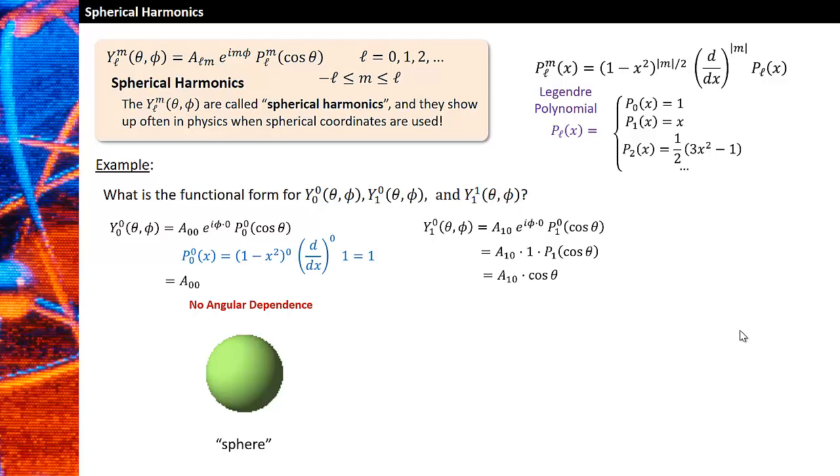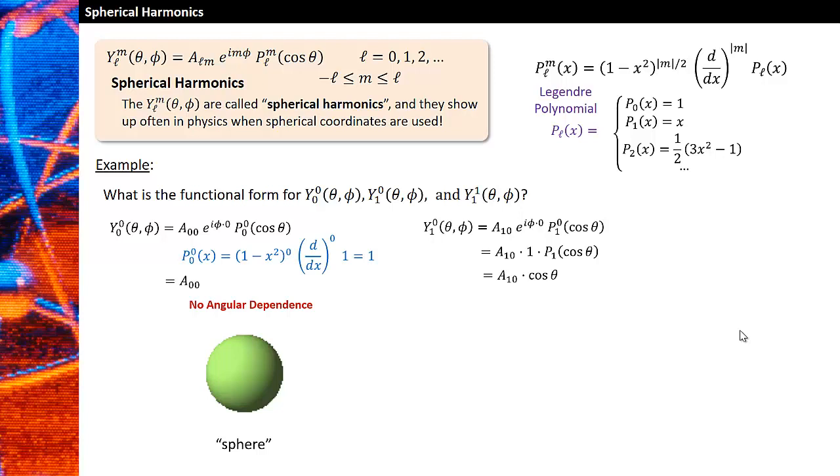There's no derivatives, d by dx to the 0, so that's just 1. So all I pick up is P sub 1 of cosine theta. Well, P sub 1 of x is x, which means P sub 1 of cosine theta, again, the rule is I just place cosine theta wherever I would have had x before, and so I just get cosine theta. So Y10 is just some normalization constant times cosine theta.